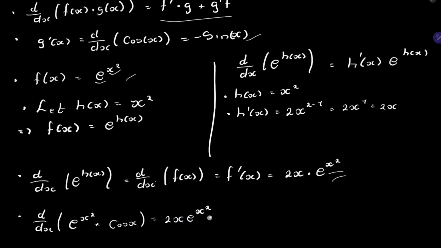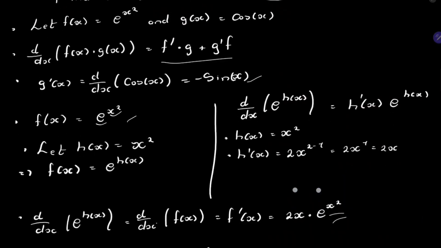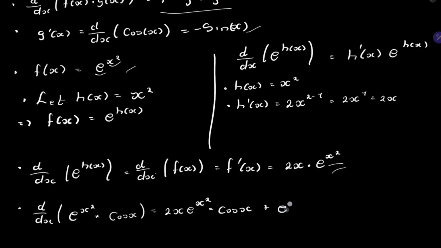What is g? Sorry, g is the function cos x, plus, what is f? f is the function e to the x squared times, what is g prime? g prime is the function negative sine x.